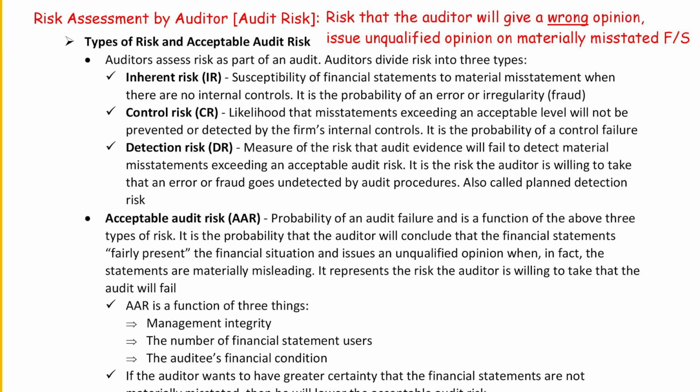Now, audit risk includes components. Highlight inherent risk, right there, that's errors inherent in the nature of business. Highlight control risk, which means that the client's internal controls miss the error.